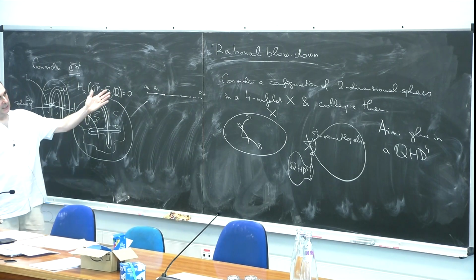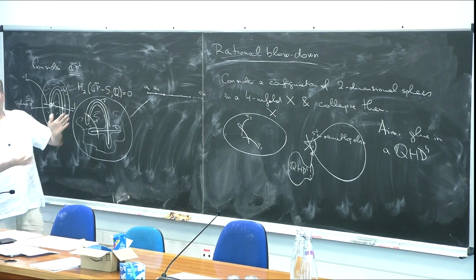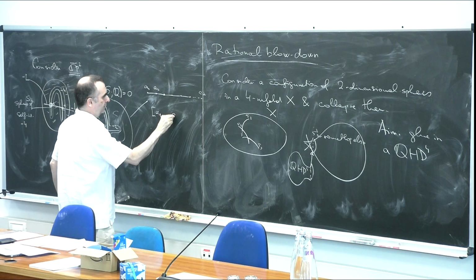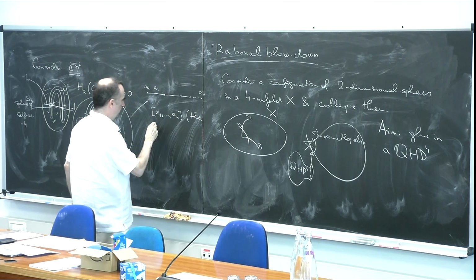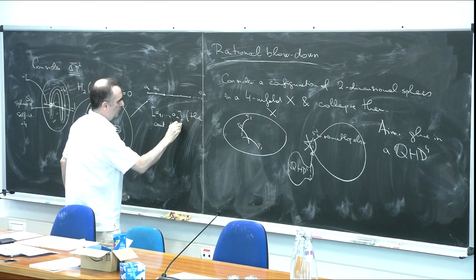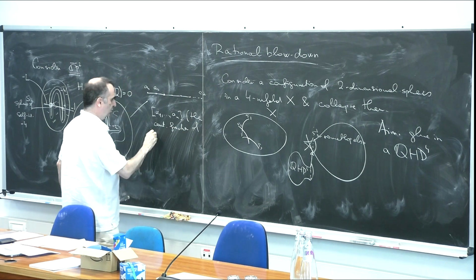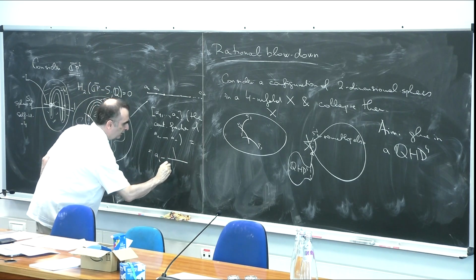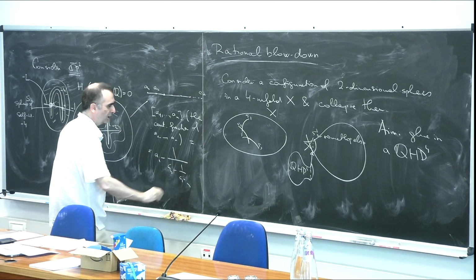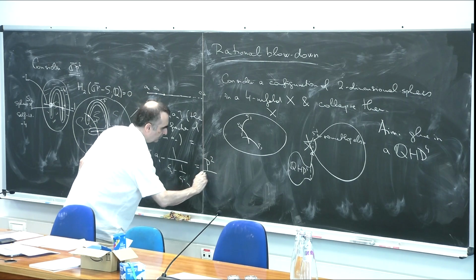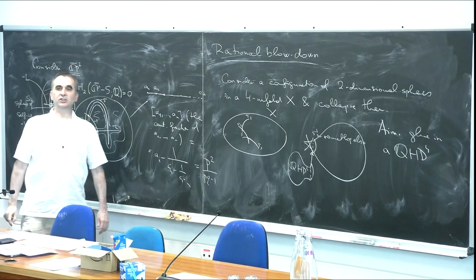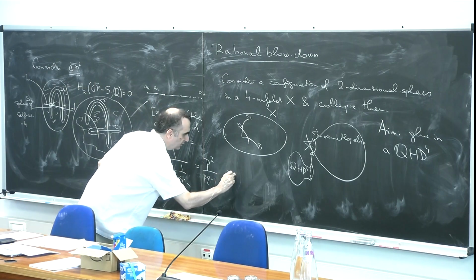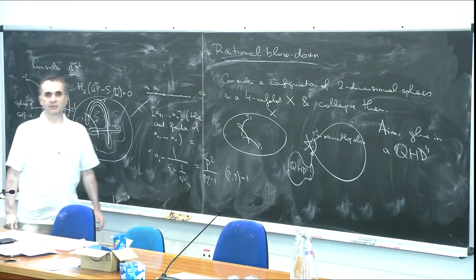And if you take the continued fraction formed from these numbers, the continued fraction of a1 up to an, which is equal to a1 minus 1 over a2 minus 1 over a3, and so on, this will be equal to a rational number of this type, p squared over pq minus 1, with p and q relatively prime.